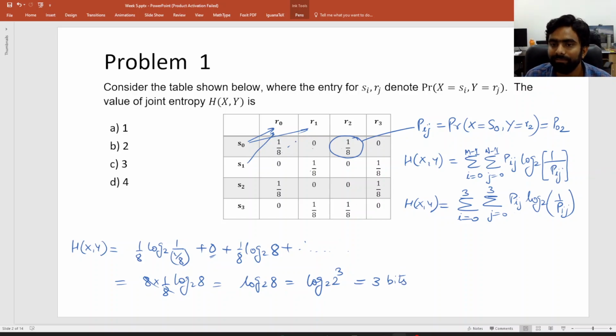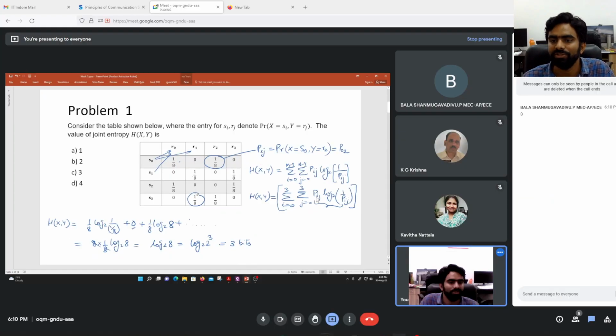If the values are different for each entry in this table, then we have to write each and every term, like we have written in the summation form. So we have to expand the summation and write the probability term and the log term for each entry.